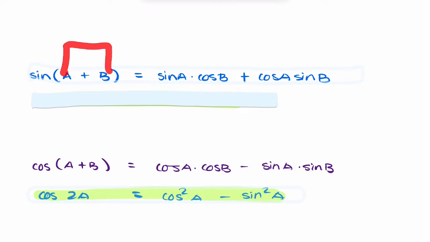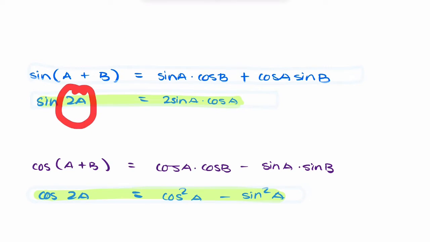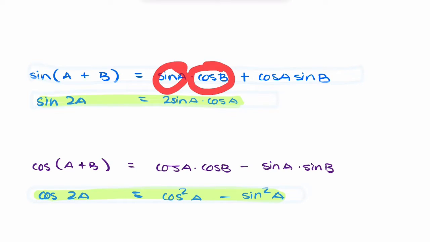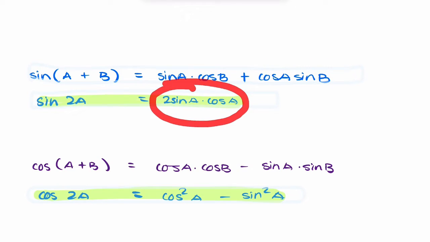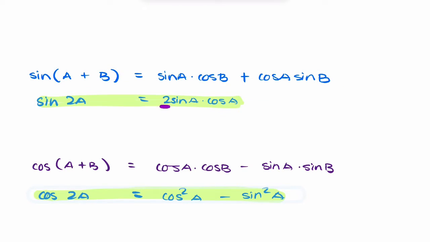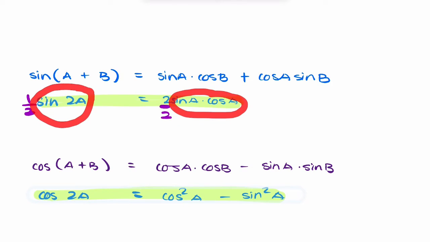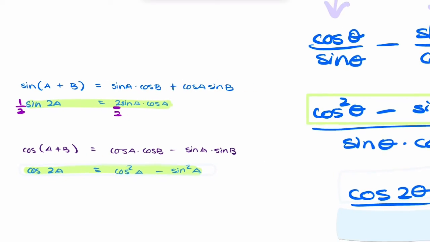And if A and B are the same, so if it's A plus A, you'd have sine 2A, and this would be sine A cosine A plus cosine A sine A, and because they're the same, you'll have that. So if you divide both sides by 2, we have a new identity that says sine A cosine A is half sine 2A, so a double angle formula.